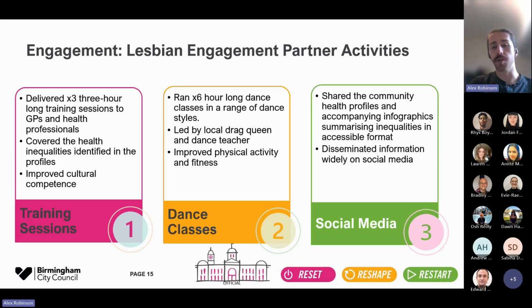The community health profiles were also condensed into more accessible slides and social media comms and were shared widely. We also did a range of focus groups that were delivered jointly between the lesbian and trans engagement partners.